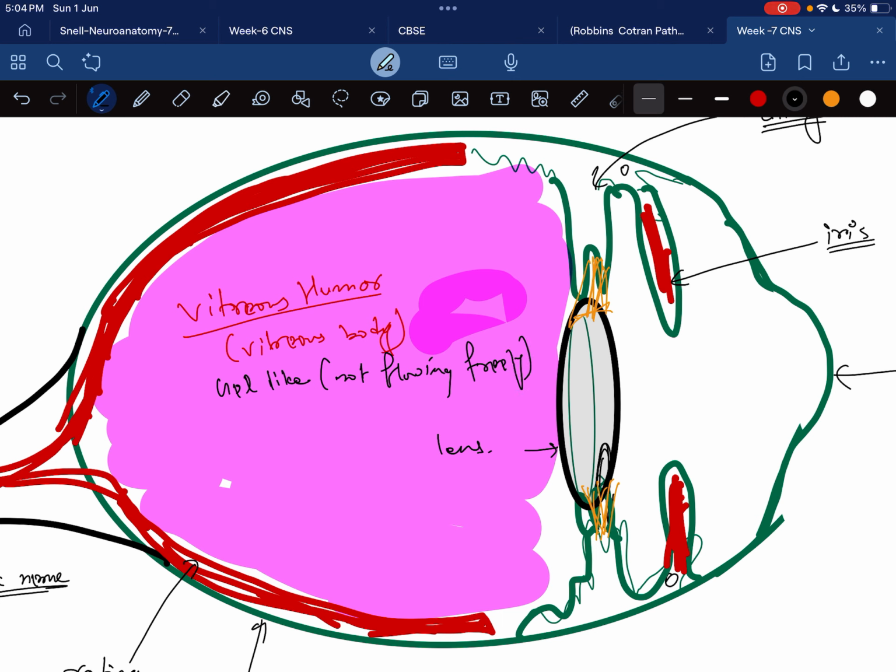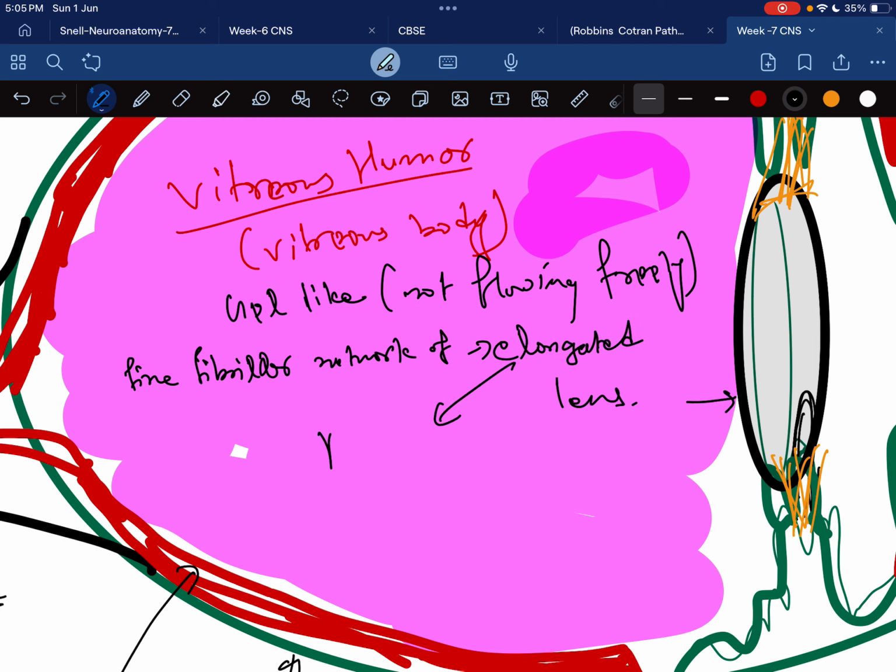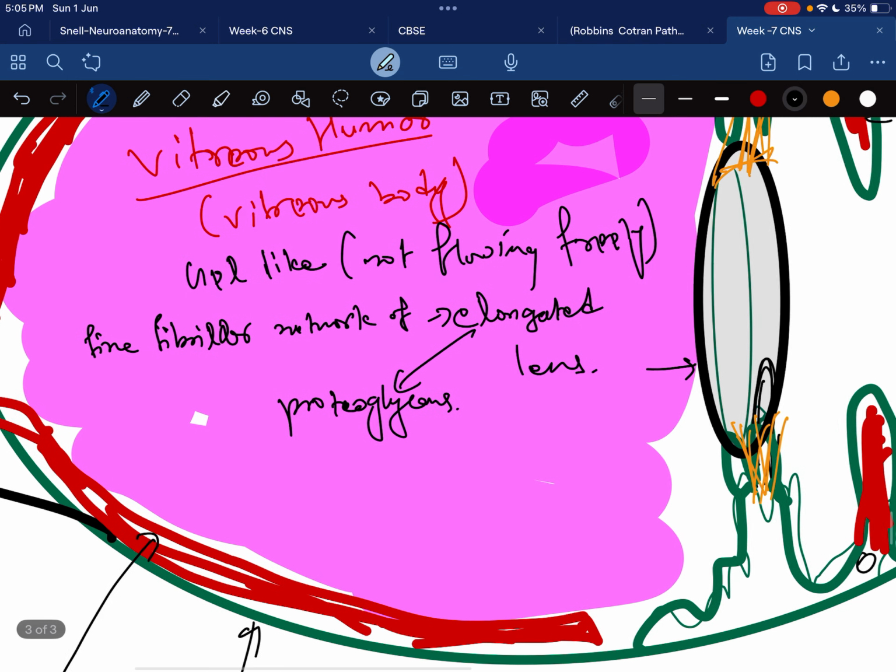When we look at the composition, there is a fine fibrillar network of elongated proteoglycans that trap water.